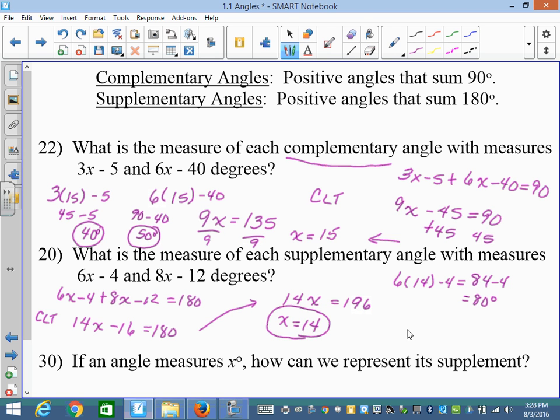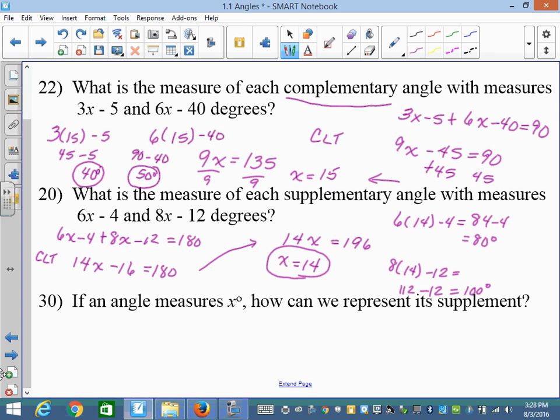And the other one is 8 times 14 minus 12. And 8 times 14 gives us 112. And 112 minus 12 gives us 100 degrees. So there are those two angles.